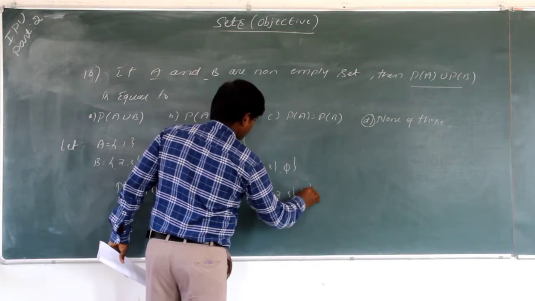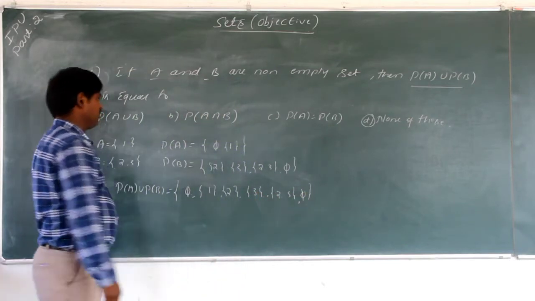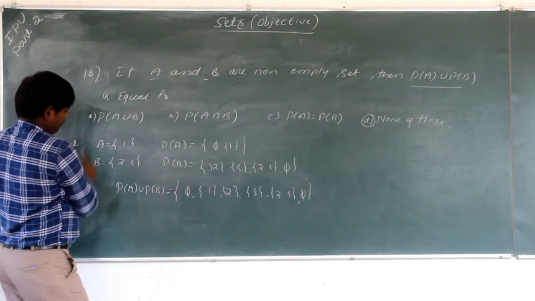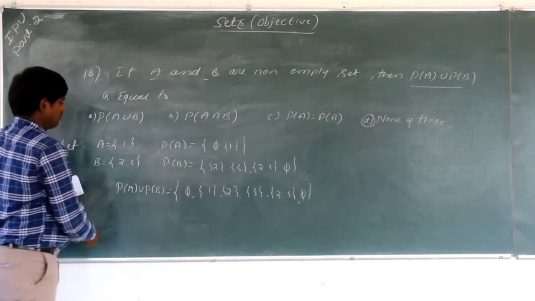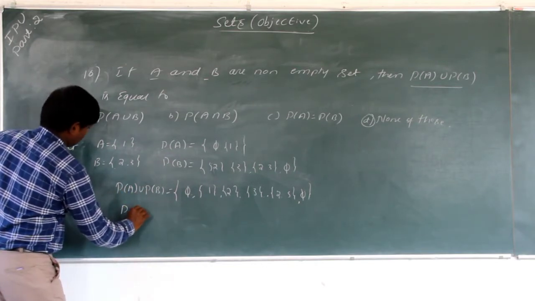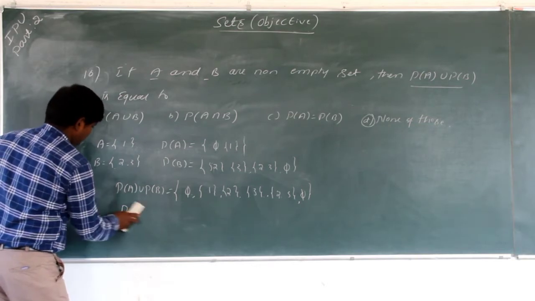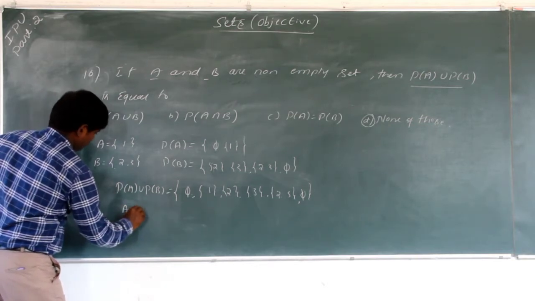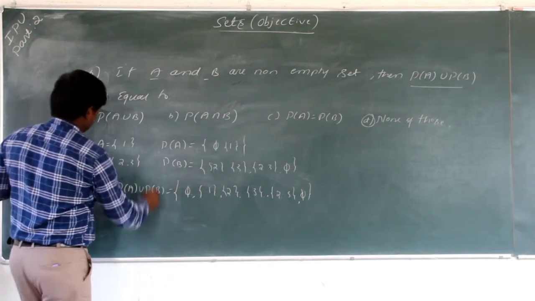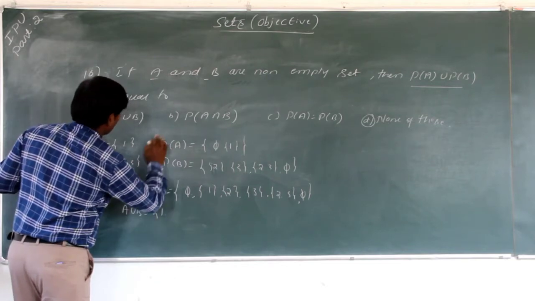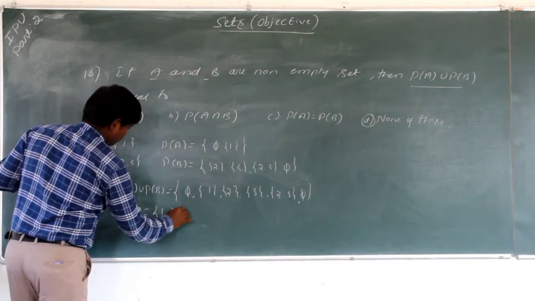Is it clear? Now suppose I am taking P of A union B. So A union B is equal to what? That is 1 and 2, 3.